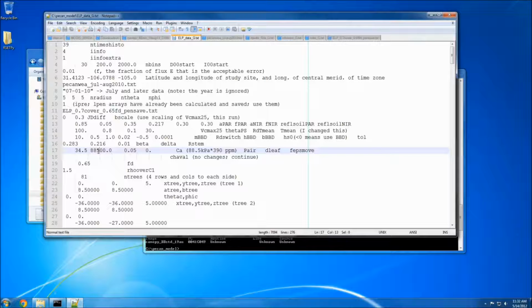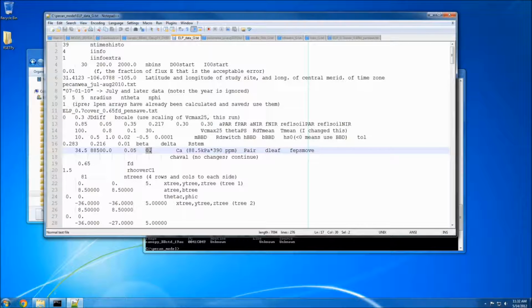Air pressure is needed for various aerodynamic conductances. The 0.05 here represents the crosswise dimension of the leaf, 5 centimeters, relevant to creating the boundary layer conductance for heat and so on, and water vapor.